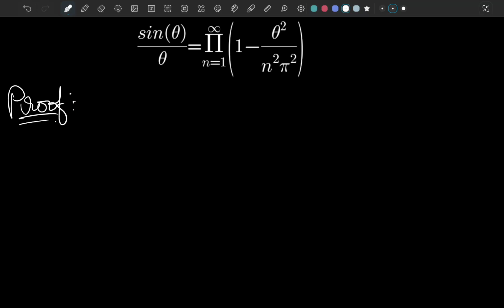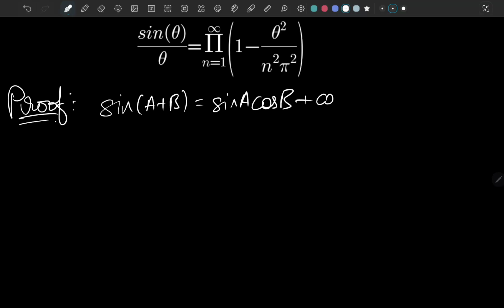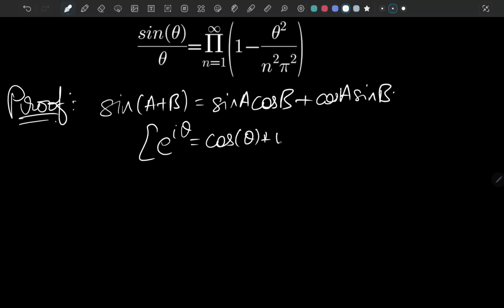About 2-3 weeks ago, I proved that sine of a plus b equals sine a cosine b plus cosine a sine b. I proved this identity using the most famous Euler's formula: e to the i theta equals cosine theta plus i sine theta.